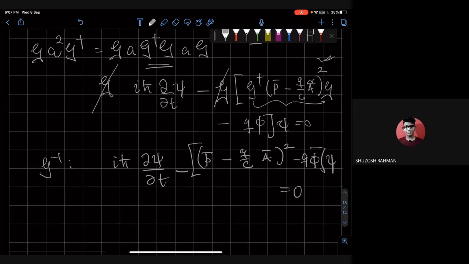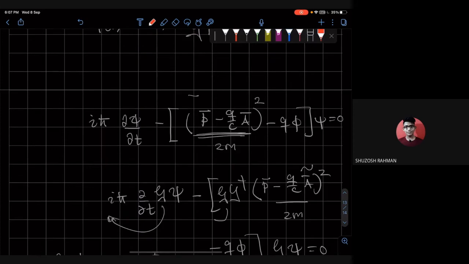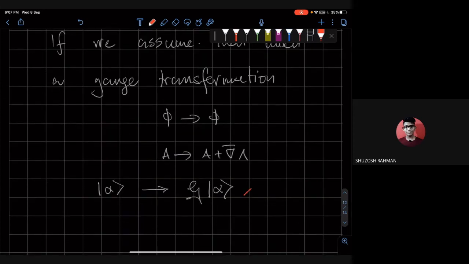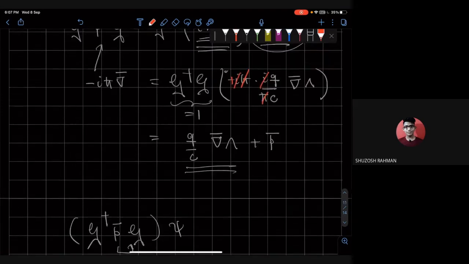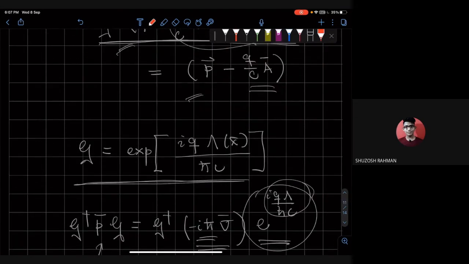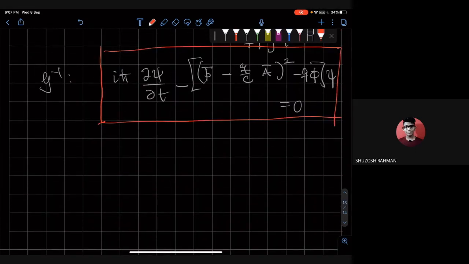So thus we see that under the gauge transformation, if the state changes in this way, where G is defined by this thing, then the Schrodinger equation is invariant. Okay?